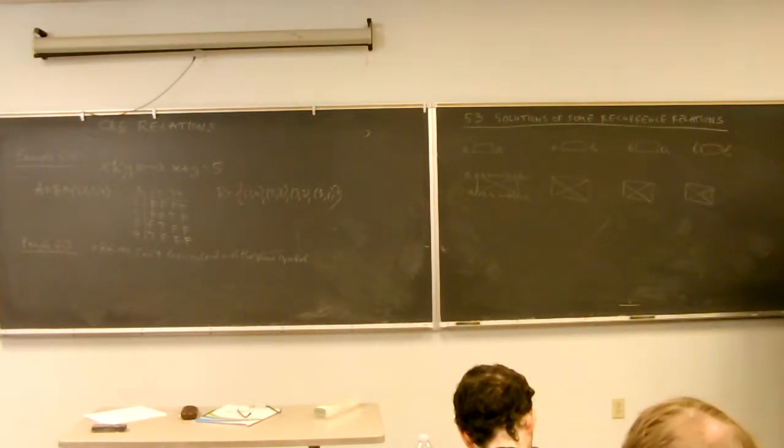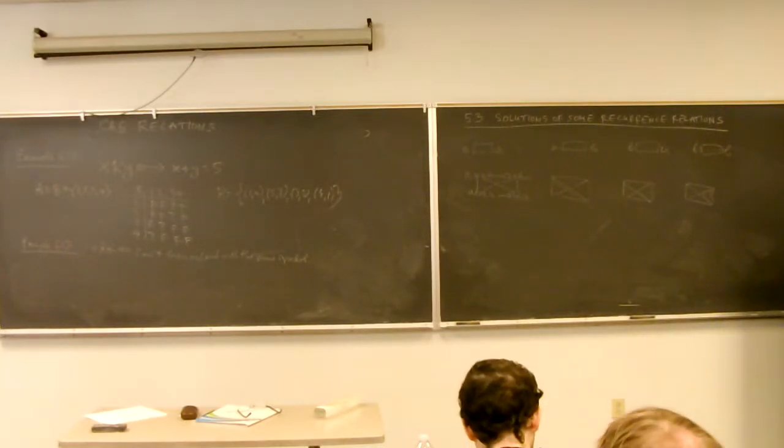Here is one very interesting relation. What is it? A divides B. What about this relation? Do you think that one has arrows going both ways or not necessarily? So they don't go both ways.